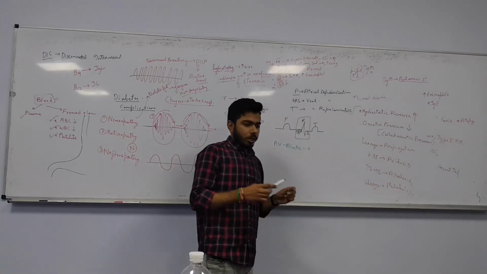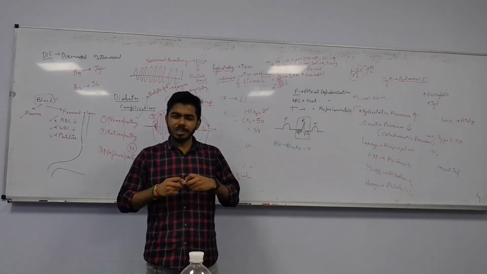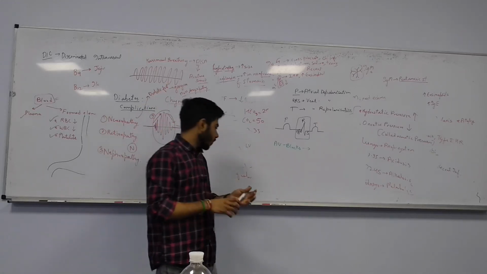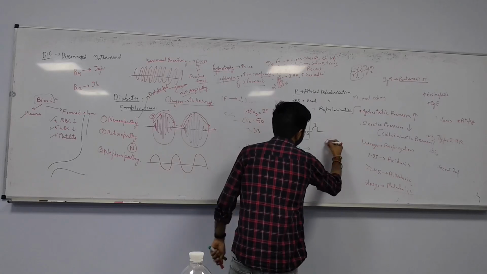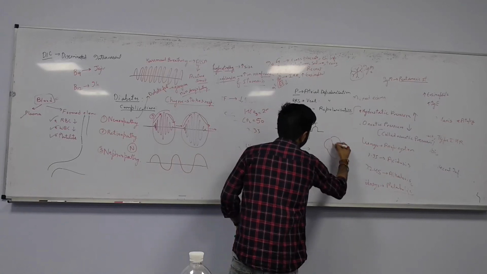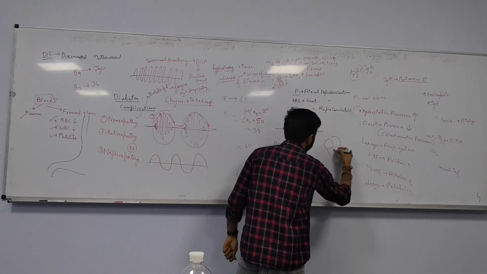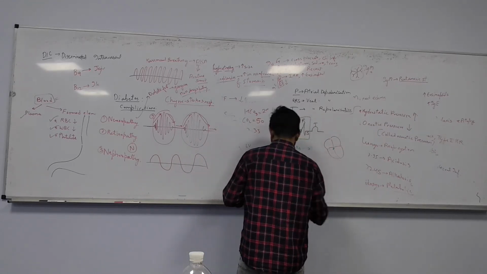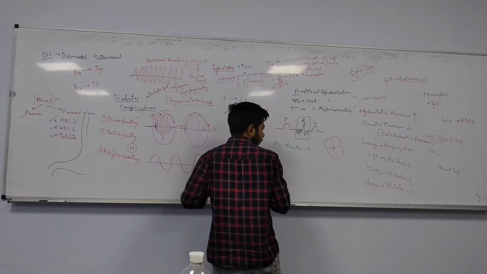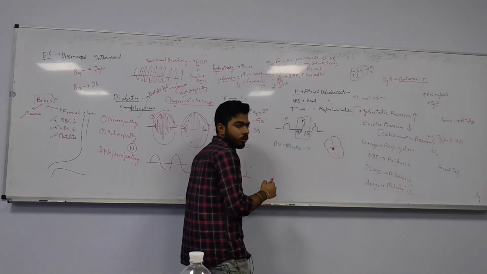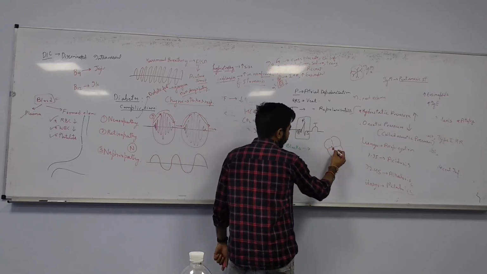Okay, in the first AV block, still some kind of impulses can travel from atrium into the ventricle. So let's say this is the heart over here, and in between you are having, let's say, the AV node. Now with the help of this one, impulses has to come.